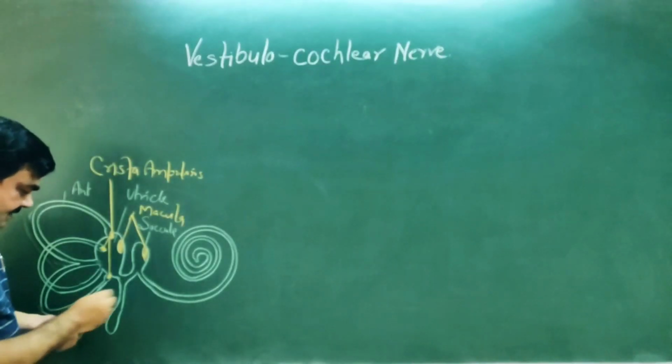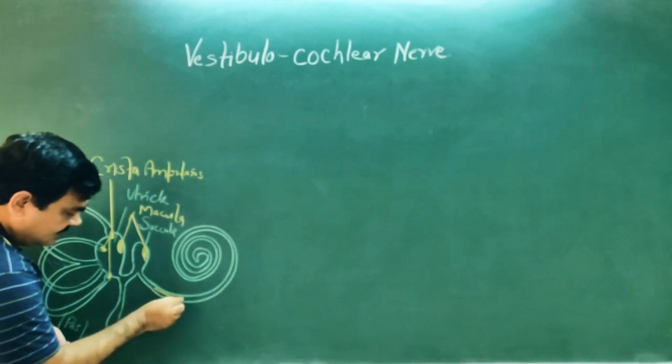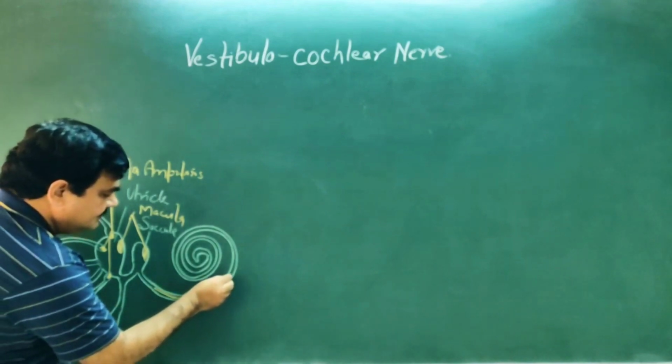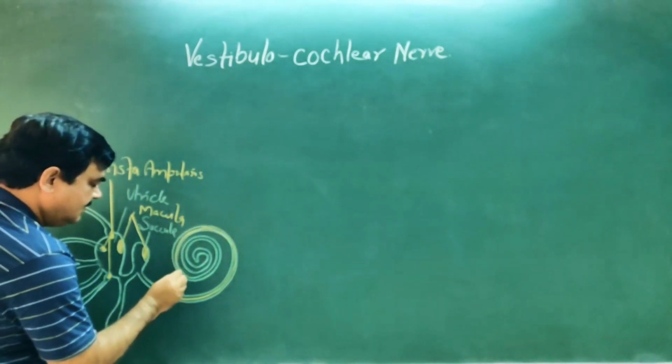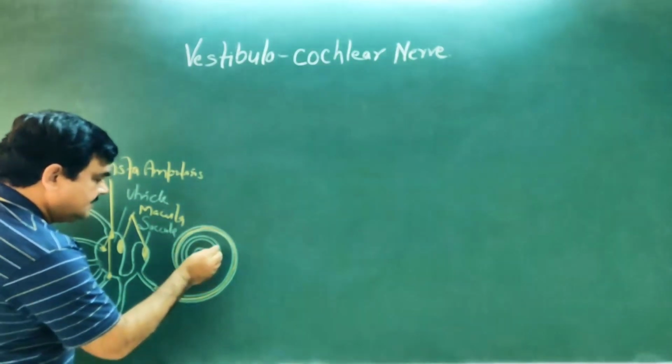In cochlear duct, here is organ of Corti. This is position of the organ of Corti, which is present in the cochlear duct.